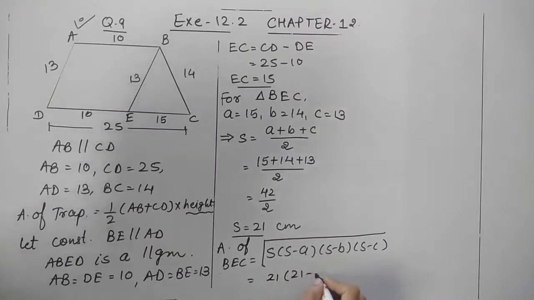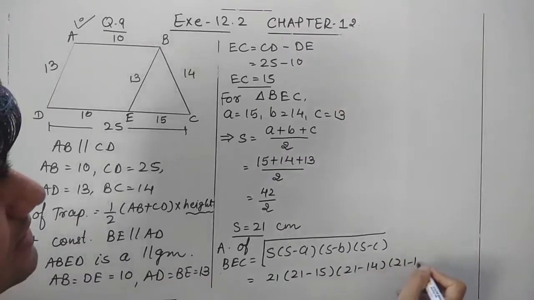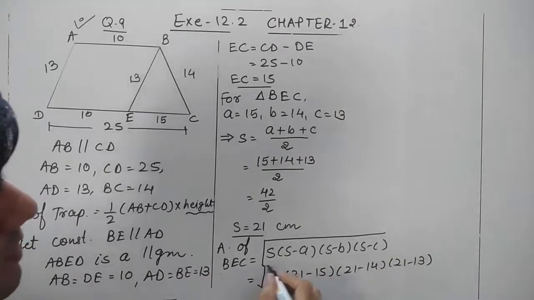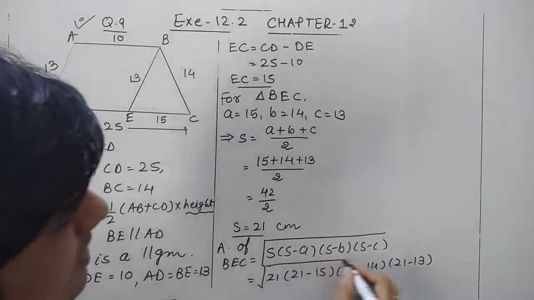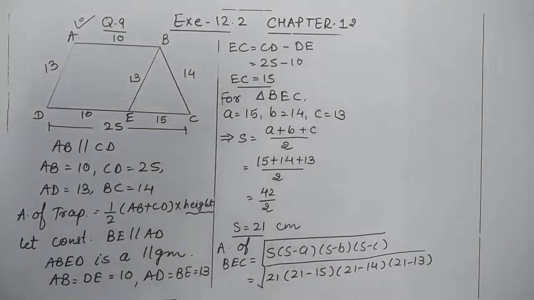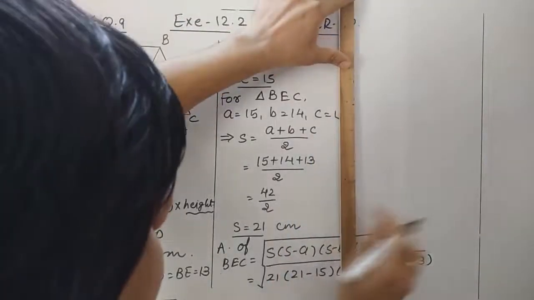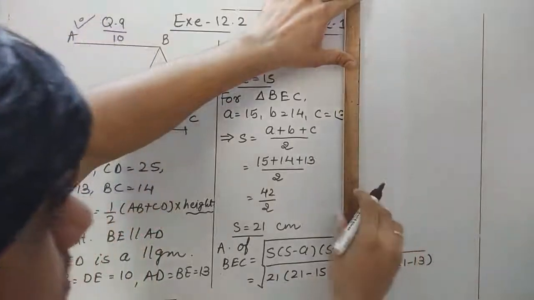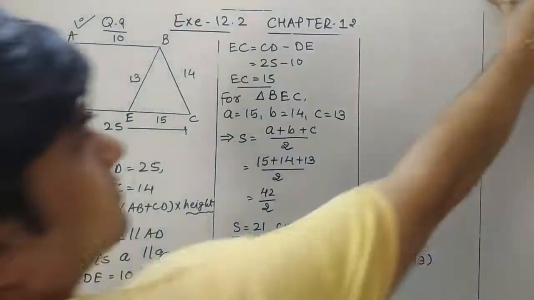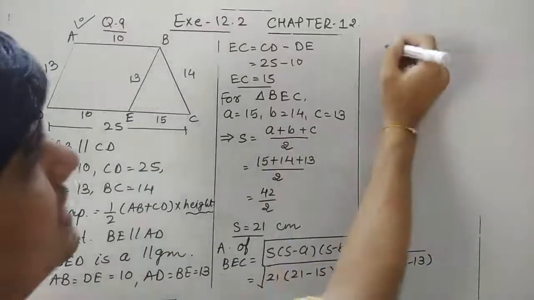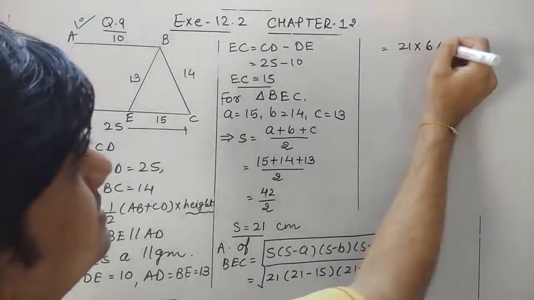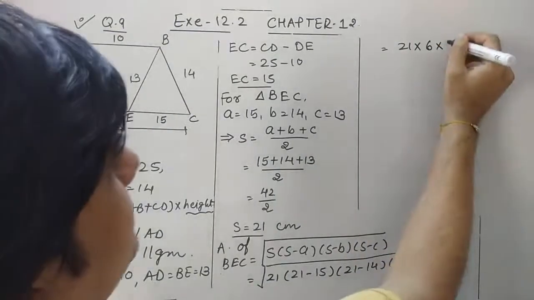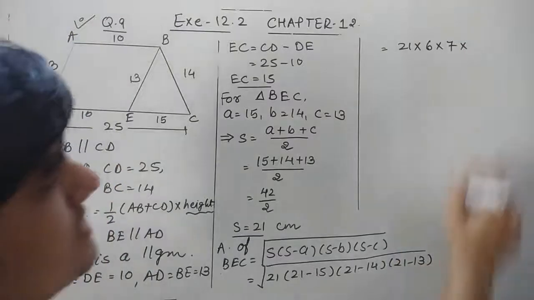This is 21 minus 15, 21 minus 14 and 21 minus 13. Let us continue with the question by simplifying. So the area is the square root of 21 as it is, 21 minus 15 that is 6, 21 minus 14 that is 7, and 21 minus 13 that is 8.